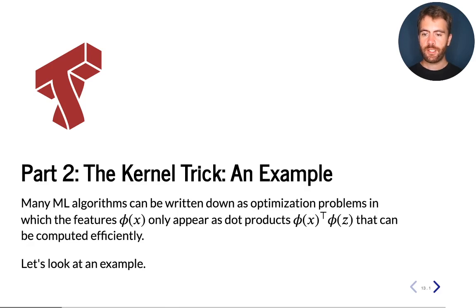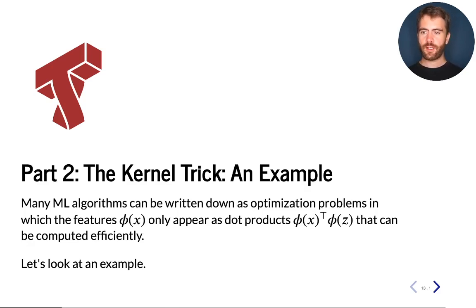And then I made the claim that often we are able to compute dot products between features more efficiently than the time it would take us to count or enumerate or form the features themselves. In other words, computing dot products can be more efficient than representing the features themselves in their raw form.